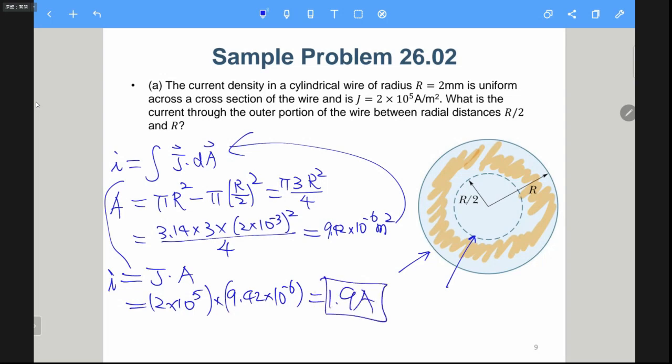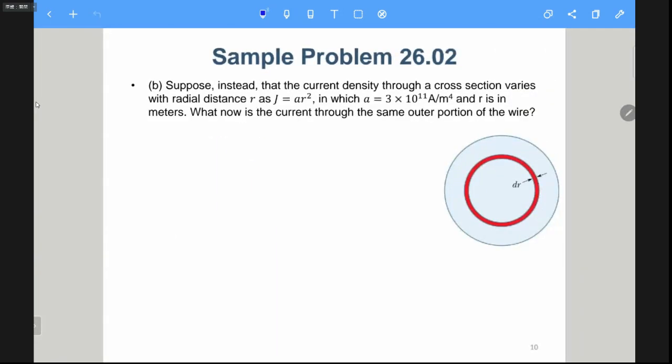So it is very easy, just algebraic calculation. The next part is more difficult. You need to use integration.